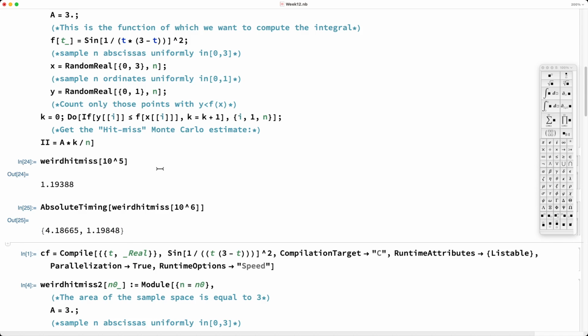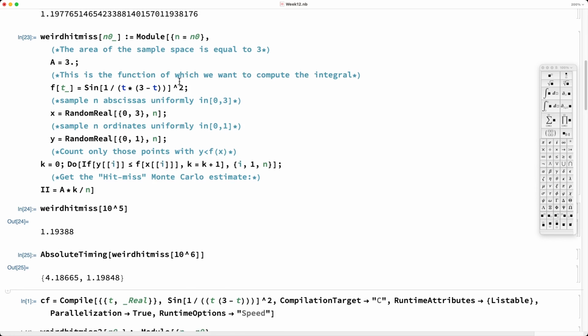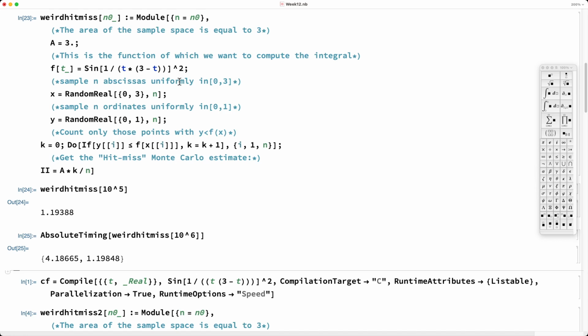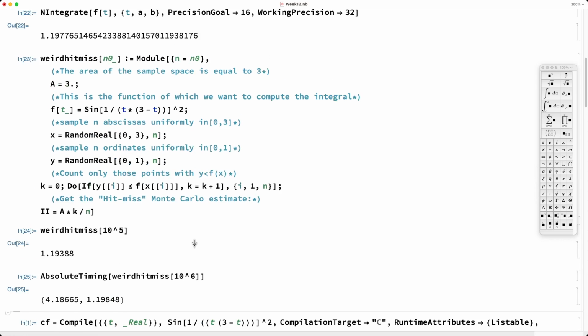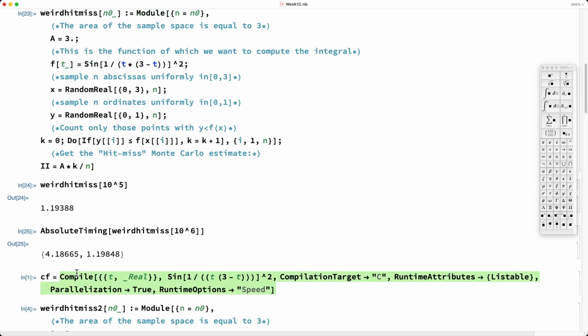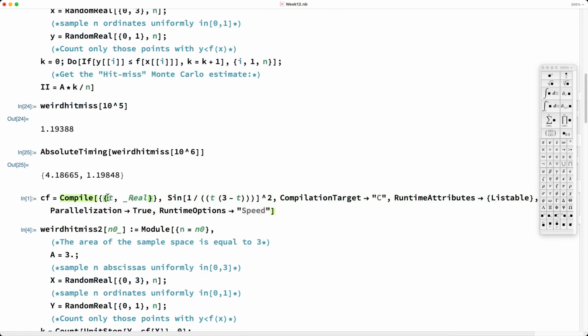We can try and improve the speed of this module. The first thing we can do is when we evaluate this function, we can compile it so that it's evaluated faster. So we can use the compile command. We can tell Mathematica that the variable t is real, so it knows how to compile it, and we can tell it to compile it using C language.